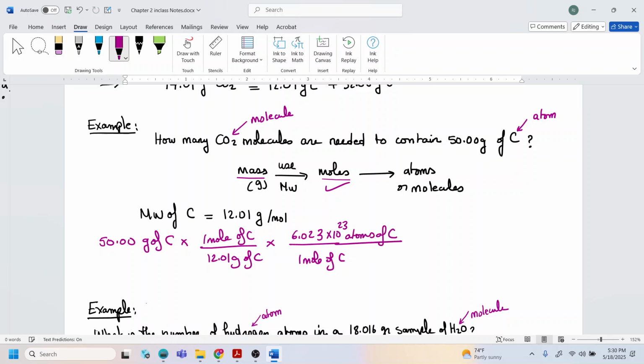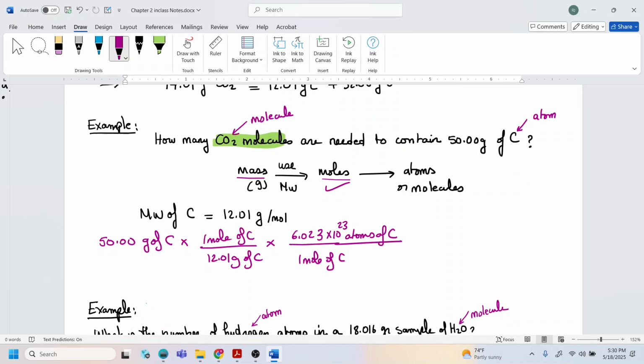Okay, now I stop and I look at the carbon dioxide molecule in there. And I say, okay, carbon dioxide molecule has how many atoms of carbon? So I know that for every 1 molecule of carbon dioxide, I have 1 atom of carbon.